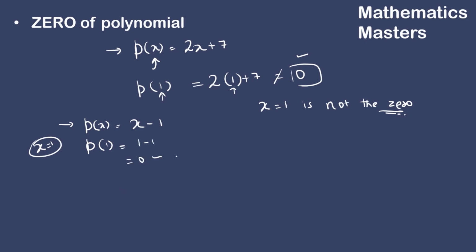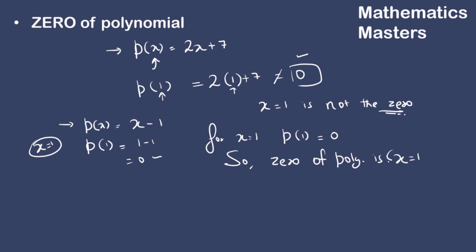So for x equals 1, the value of the polynomial at 1 is 0. So the zero of the given polynomial is x equals 1.